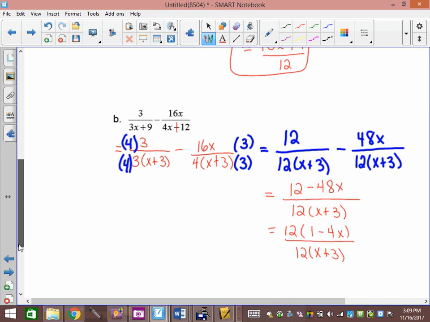What's my NPVs? x cannot equal negative 3. You wouldn't be simplifying it, and then you wouldn't know you could take the 12s out. So yeah, you'd lose marks. Minus 48x from the top. There isn't one on the bottom.